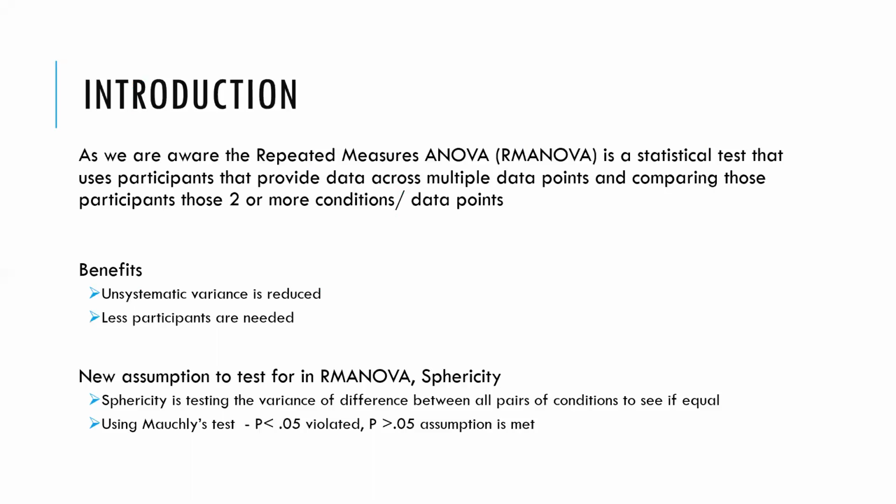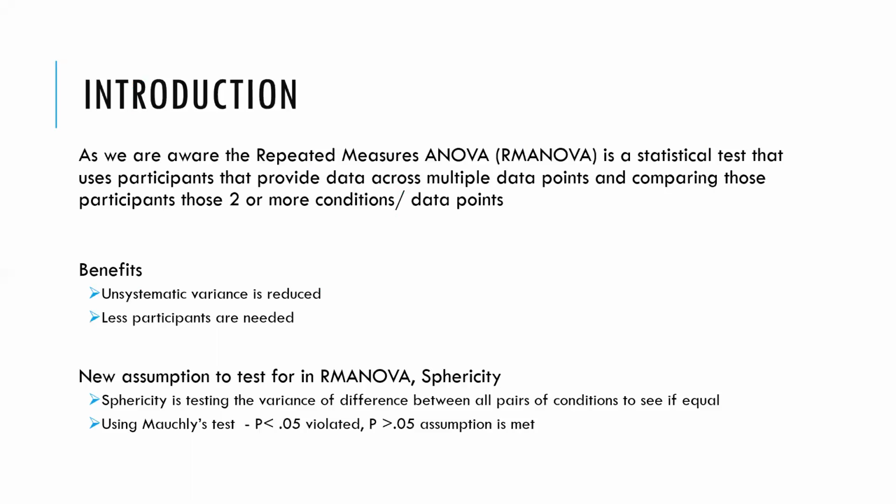Since you can have those participants do a number of different things, you require fewer participants. You don't have three different groups of participants doing three different things. You just have one group of participants doing those three different variables.